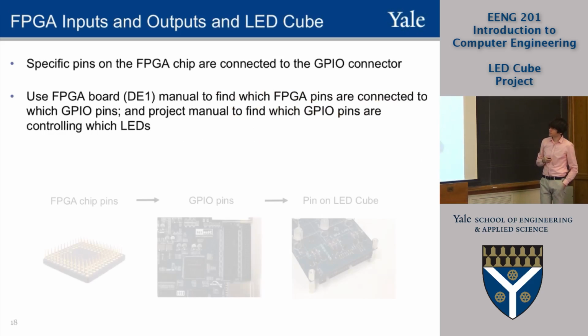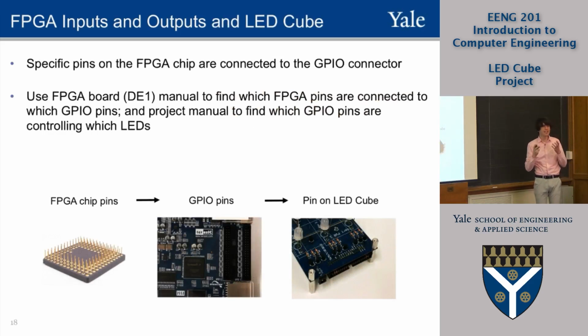And so there are a couple of different pins involved here. Just to summarize, there are the FPGA chip pins, the pins on the actual FPGA chip itself. If you remember in Quartus, there's a pin planner. It gives you an image of all the pins, and you can assign internal signals to those pins.